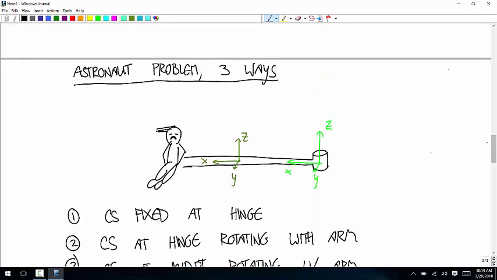Let's say that this is 5 meters, and let's say that the angular velocity vector is 0, 0, 3.